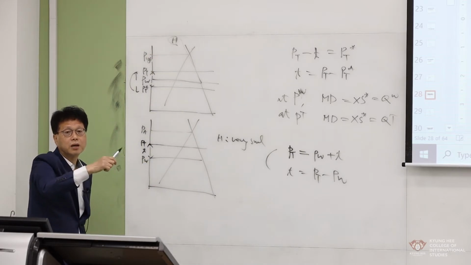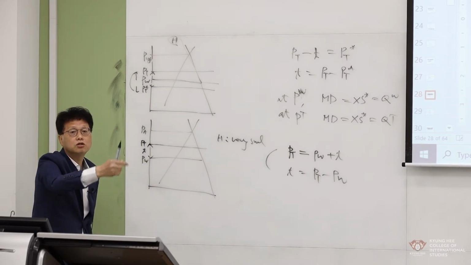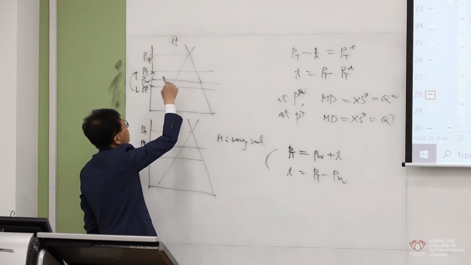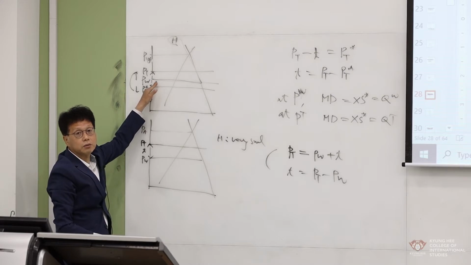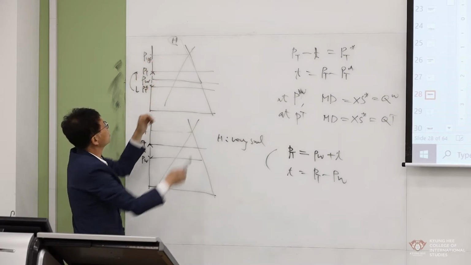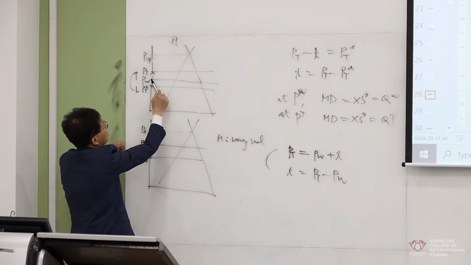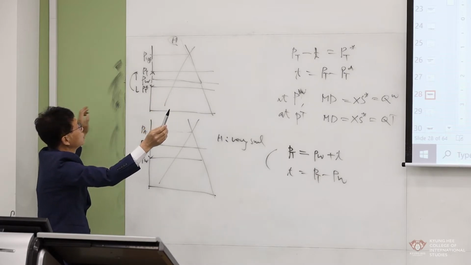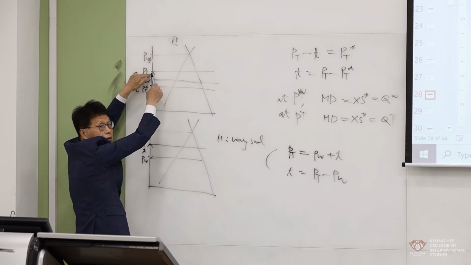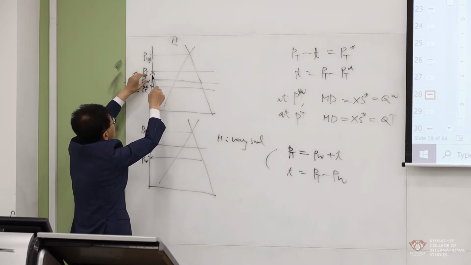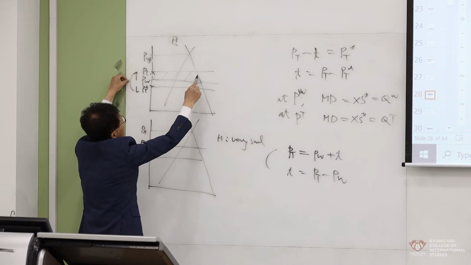The demand curve is the marginal utility curve, the willingness to pay, but they can purchase at the world price PW. That is the original consumer surplus. But after imposition of tariff, what happened? The price increases, so consumer surplus is now this one. So consumer surplus decreased by this area.